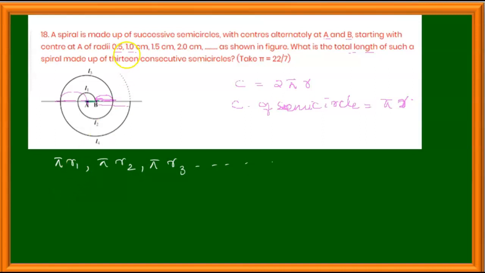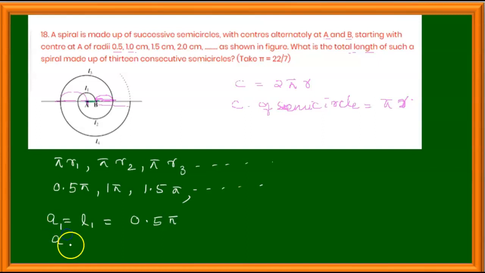So pi into R1, which is given here as 0.5, so we can write 0.5 pi, and then 1 pi, then comes 1.5 pi, and so on. So the first term, that means L1, is equal to 0.5 pi.